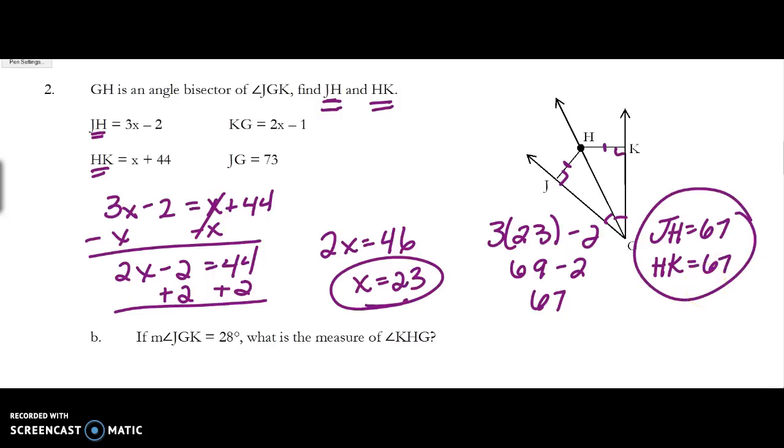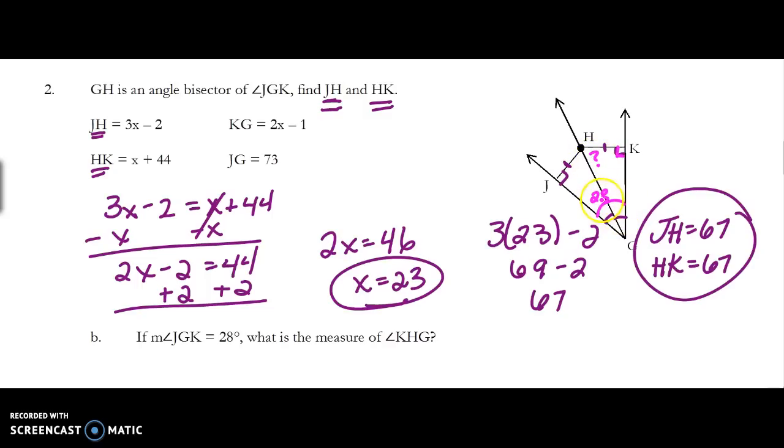Now the next question, part B, says if the measure of JGK is 28, so this whole thing is 28, I want to know the measure of KHG, this one here. So how do I figure that out? I know I have one 90-degree angle. I need to find another, so how do I find this third one?